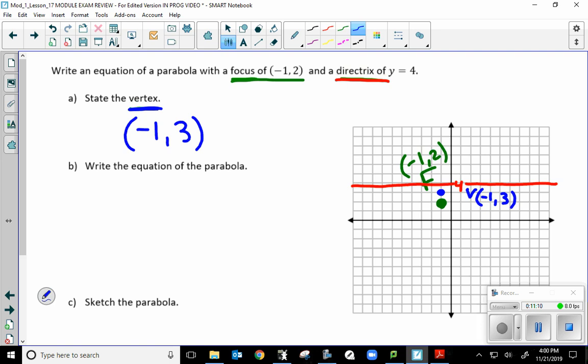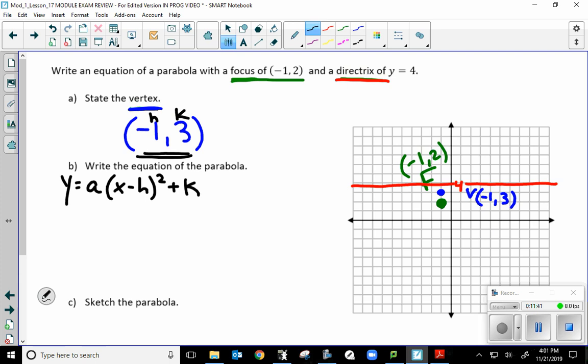This really isn't too bad. I'm going to use the vertex form. How come? I already have the vertex. That's real easy. My vertex form is the following: y equals a times (x minus h) squared plus k. h and k are the coordinates of the vertex.